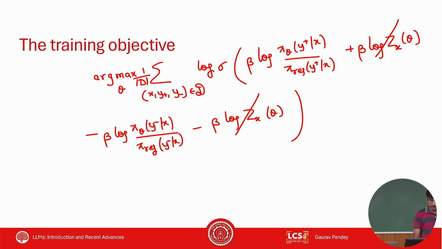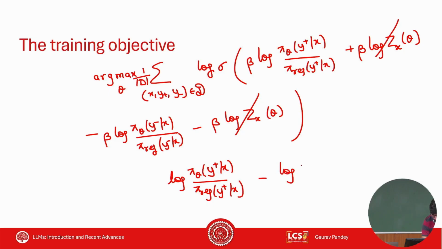So all you get is log sigmoid of the log probability ratio of the preferred response minus the log probability ratio of the rejected response.